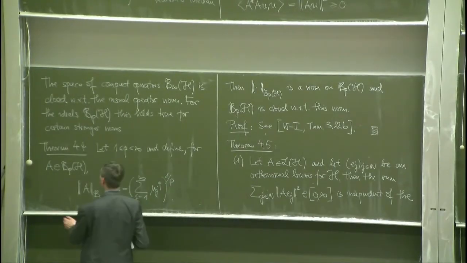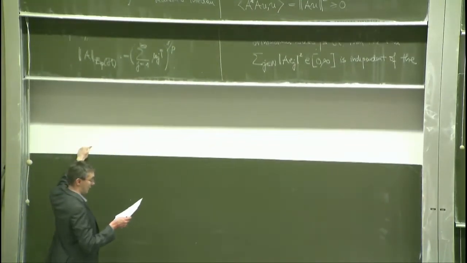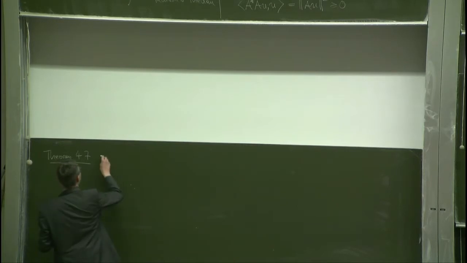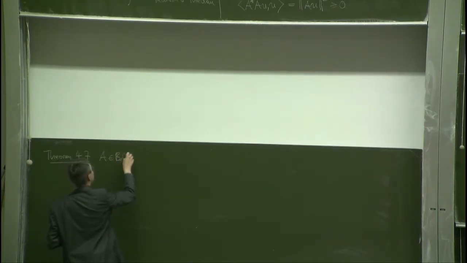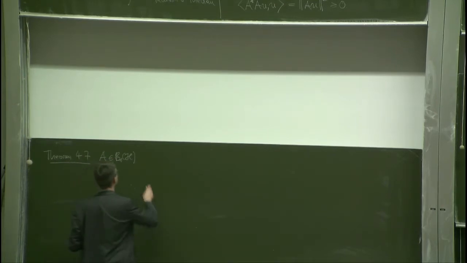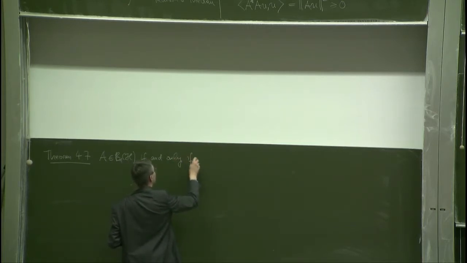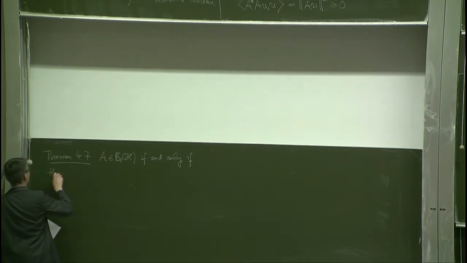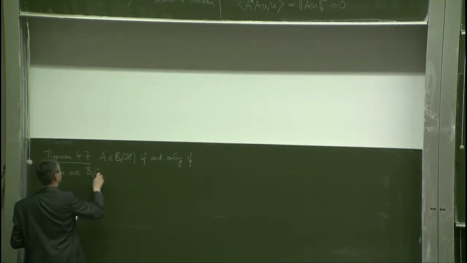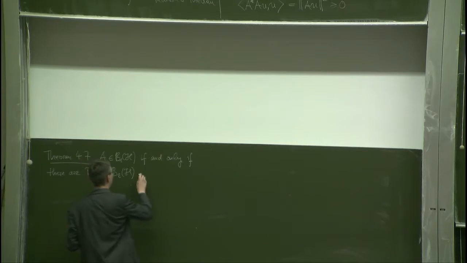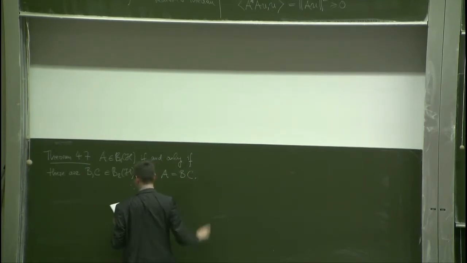And finally, we also have theorem 4.7. It says that A is a trace class operator if and only if there are operators B, C in the Hilbert-Schmidt class B2(H) with the property that A has the decomposition A = BC.